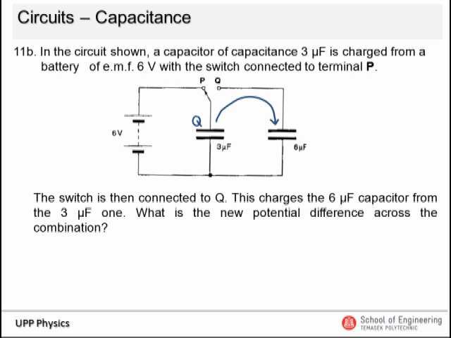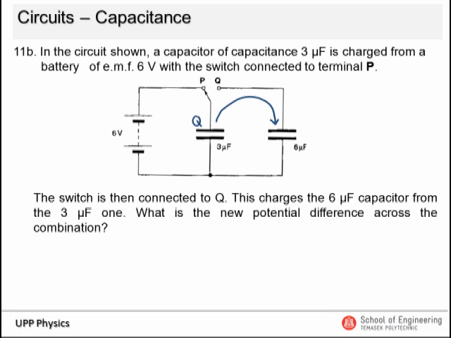So some positive charges that are stored on the 3 microfarad will be transferred to the 6 microfarad capacitor. That's why the question says the 3 microfarad capacitor will charge up the 6 microfarad capacitor.